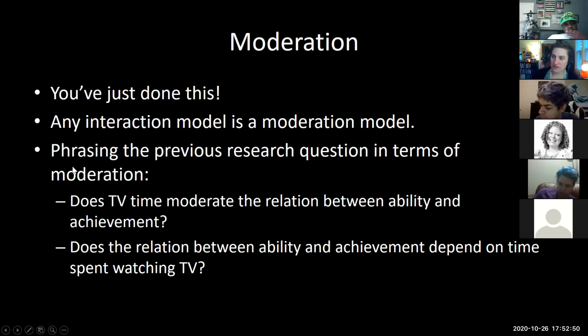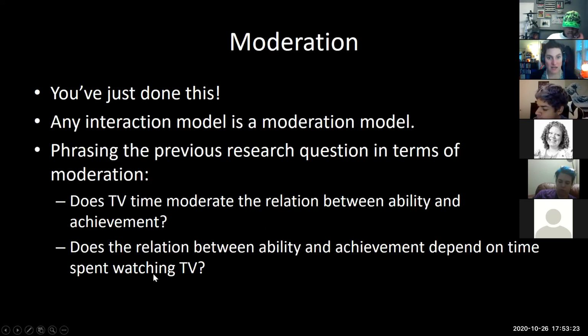And so I have this question here that I'm phrasing in terms of moderation. Does TV time or screen time moderate the relation between ability and achievement? Or does the relation between ability and achievement depend on the time you spend watching TV? These are not new. It's just thinking about it as moderation might be new because I used interaction terms at first.